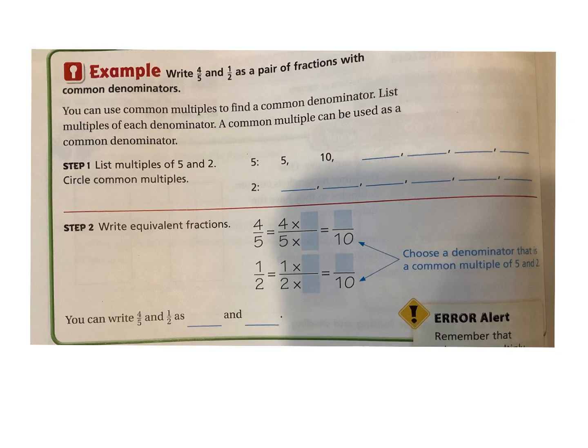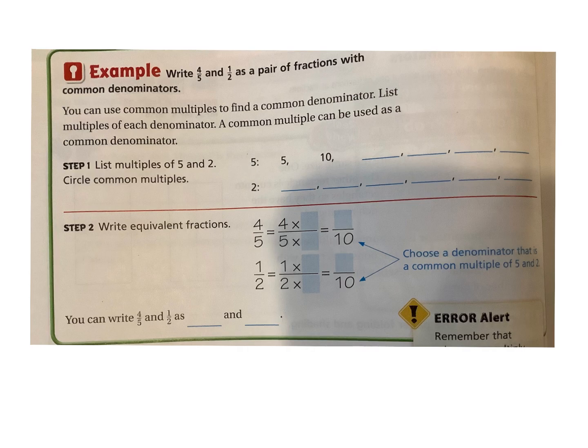Okay, now that we know what's happening, let's see what we do to get it to happen. They want us to write 4/5 and 1/2 as a pair of fractions with common denominators. You can use common multiples when you count by each number to find a common denominator. List multiples of each denominator. A common multiple can be used as a common denominator.